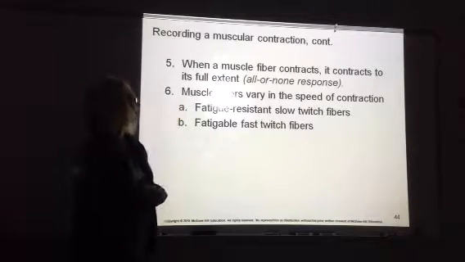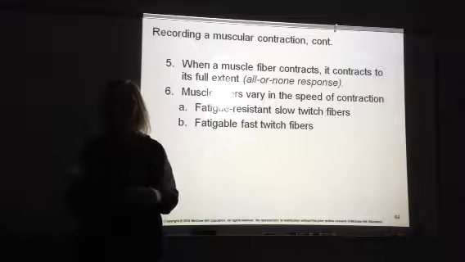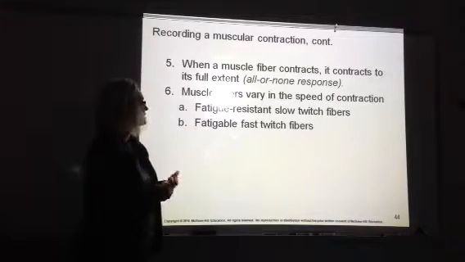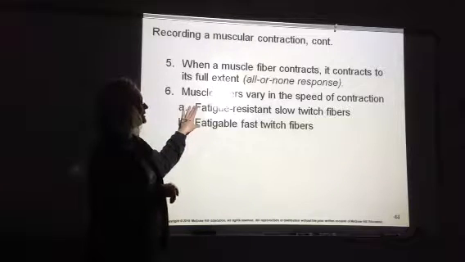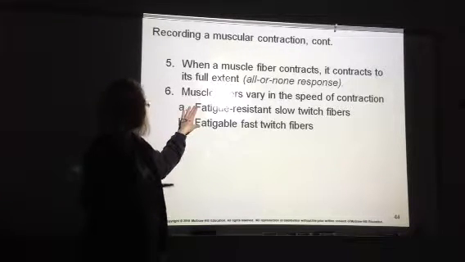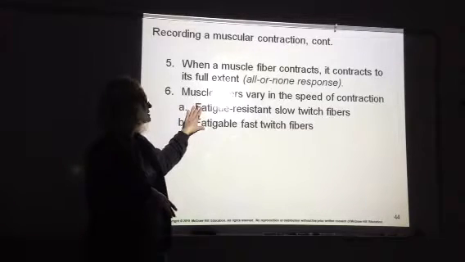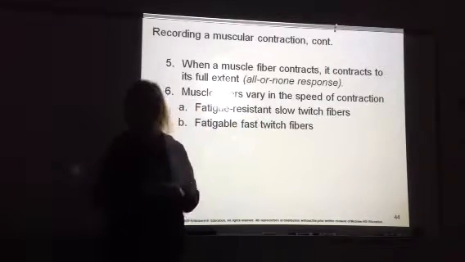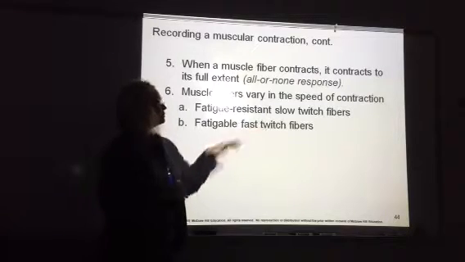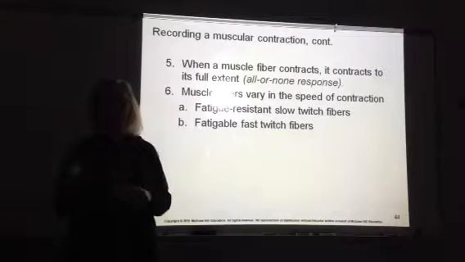Also, muscle fibers vary in their speed of contraction. There are slow twitch fibers and fast twitch fibers. Your body, sprinters, long distance runners, your body has a varying amount of these. Some of you might have more slow twitch fibers, and some of you might have more fast twitch fibers.